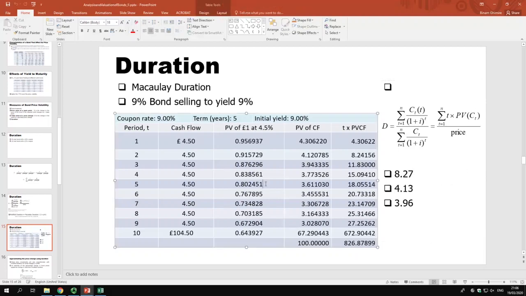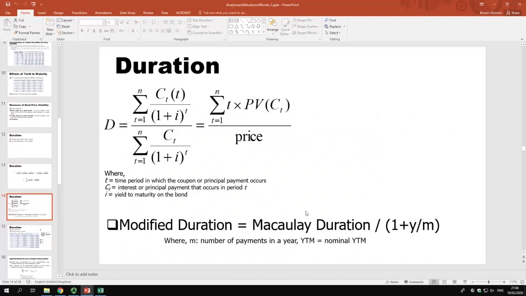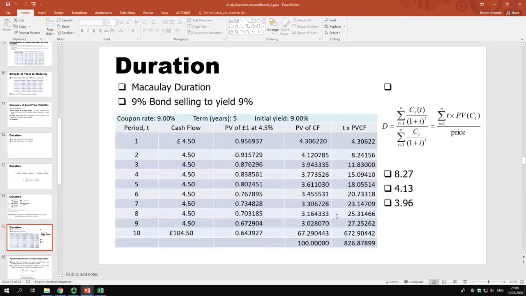Now in terms of modified duration, what you need to do is take the Macaulay duration, which you calculated as 4.13, and divide it by 1 plus YTM, which is 9% divided by 2.